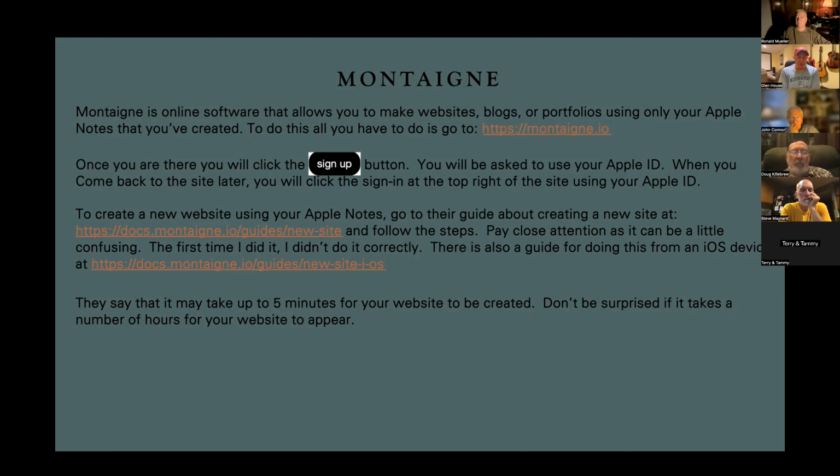Once you're there, you just click a little sign up button and you'll be asked to use your Apple ID. Now, some of you might be going, I don't really want to use that ID, but they're basically going to tap into the ability to get your notes and bring them up. That's why they need that. So when you come back to the site later, you're going to sign in using your Apple ID.